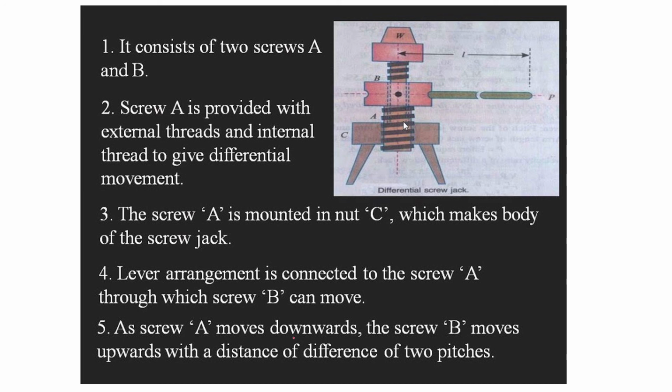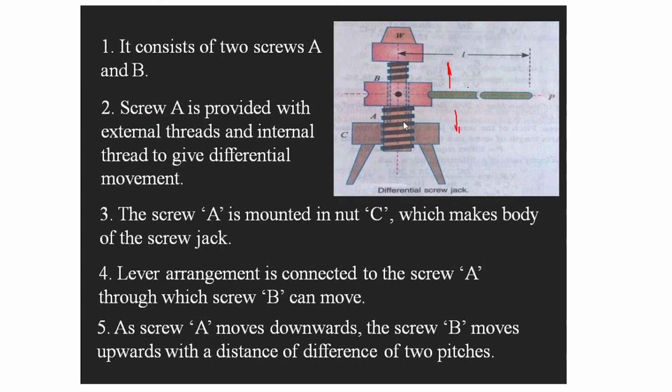As screw A moves downward, the screw B moves in the upward direction with the distance difference between the two pitches. So that is how we get the distance: when screw A is moving in the downward direction, screw B moves in the upward direction, and that is what adds the distance. In this way, it is a more sophisticated version of the simple screw jack.